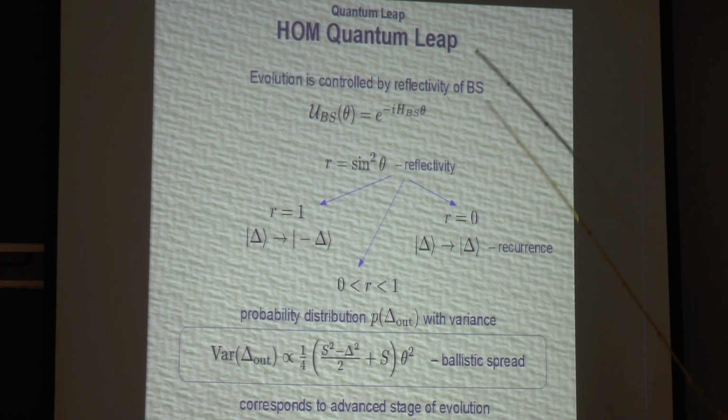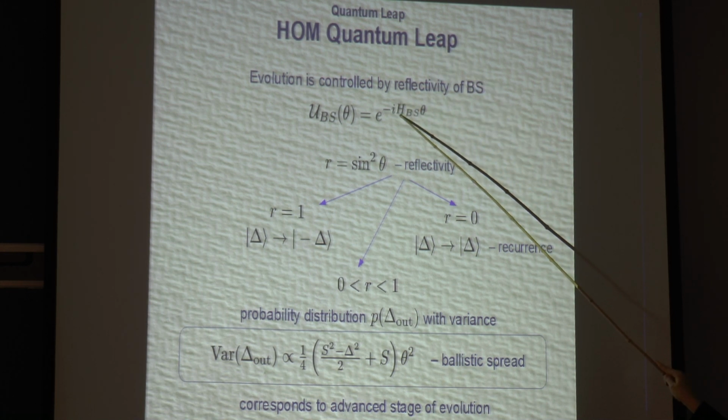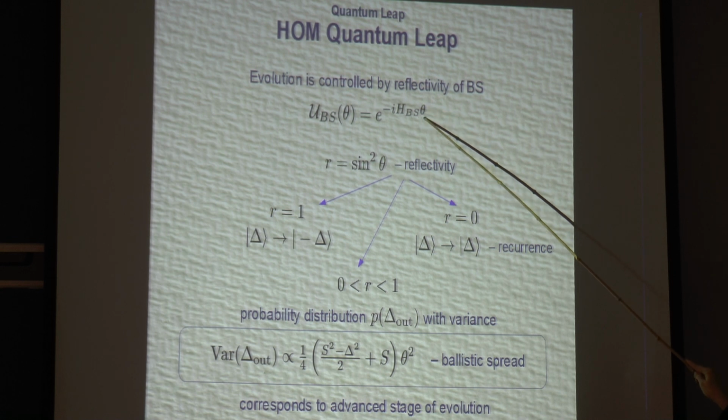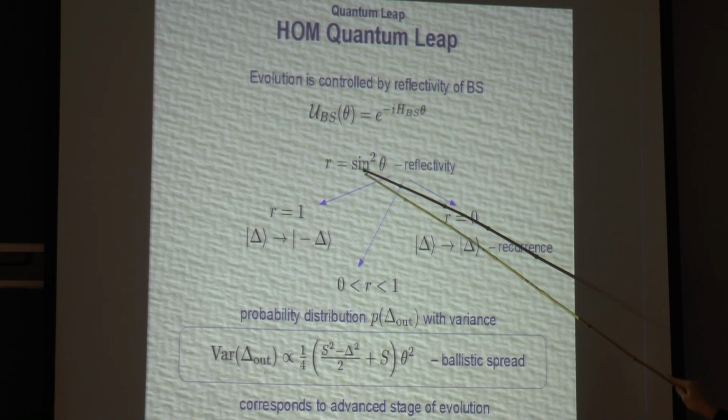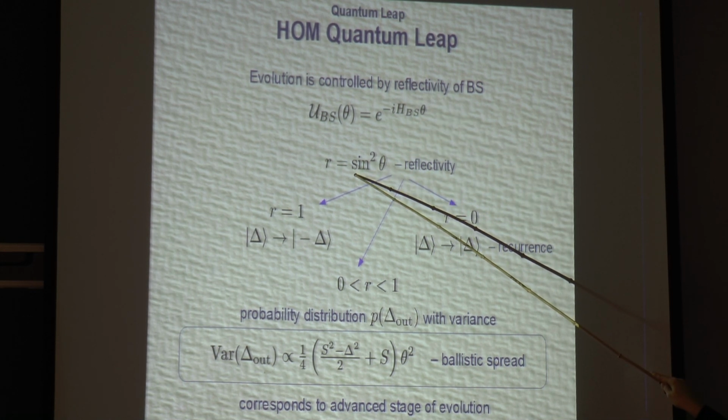Now, I am considering the quantum walk. So this setup simulates the other quantum walk. The Hamiltonian is still the same, but the evolution is taken in the space of the parameter, the reflectivity of the beam splitter. This angle theta is related to reflectivity in the following way.